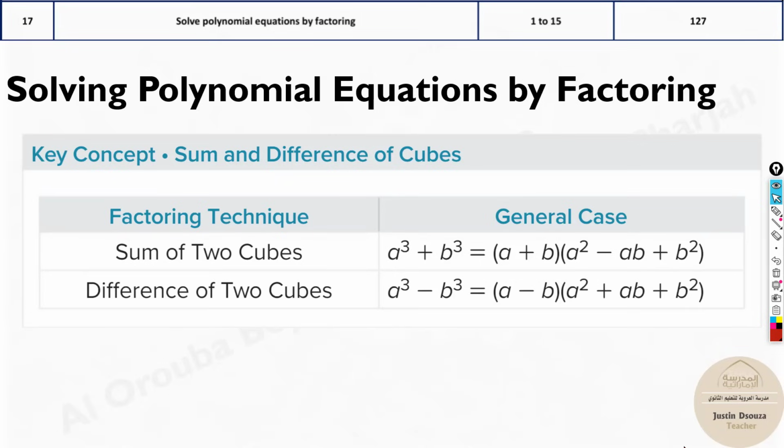The 17th question is to solve polynomial equations by factoring. And here we need to use these two important formulas. Now these are sum and difference of cubes. You can see here there is a cube, b cube. It's not a whole cube. What is the difference in the whole cube? If it is a plus b the whole cube, we will have parentheses or brackets.